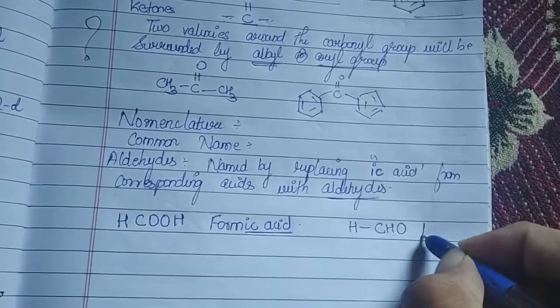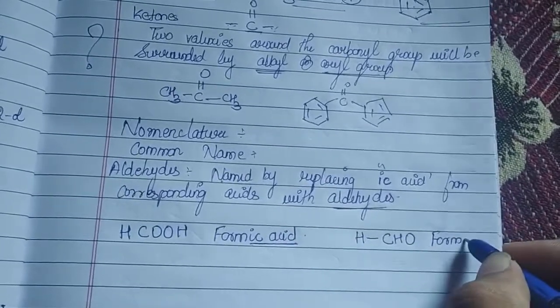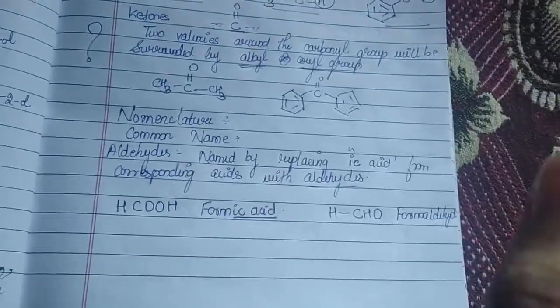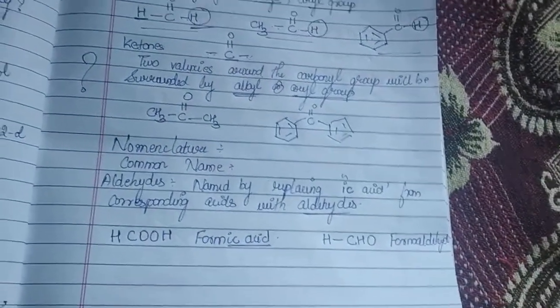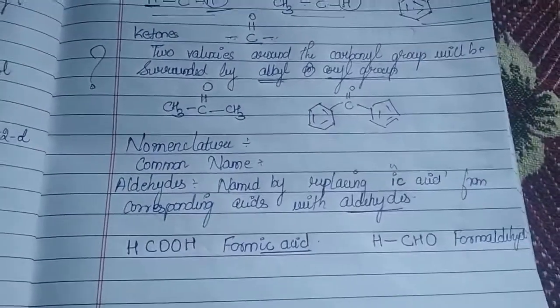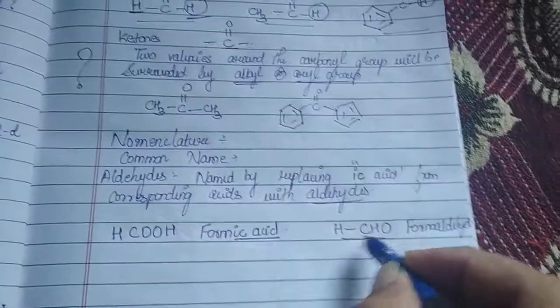Form will be there, but instead of ic acid I will be writing aldehyde. So in common names of aldehydes, they derive their names from the corresponding acids. From formic acid, see how we have got formaldehyde.